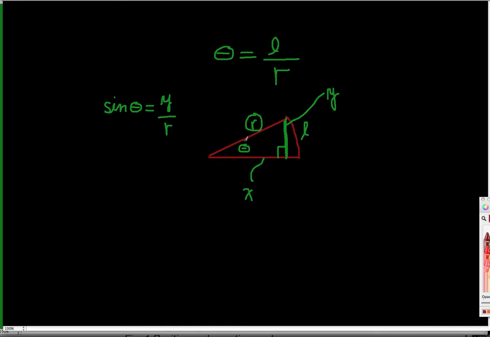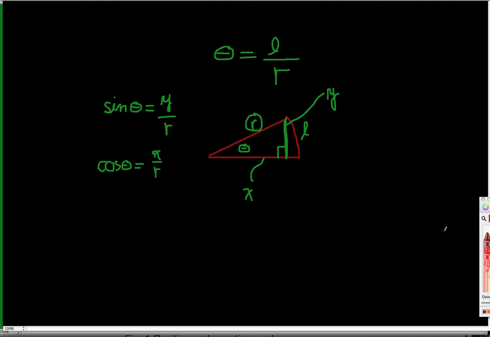So sine of this angle theta is equal to the side opposite the angle, divided by the hypotenuse. The cosine of theta is equal to the side adjacent to the angle, in this case x, divided by r.